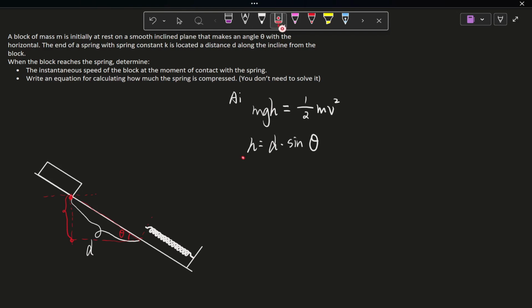Then we can plug the value h back into the original equation, which gives mg times d sine theta is equal to 1/2 mv squared, which will give us the answer v is equal to the square root of 2g d sine theta.